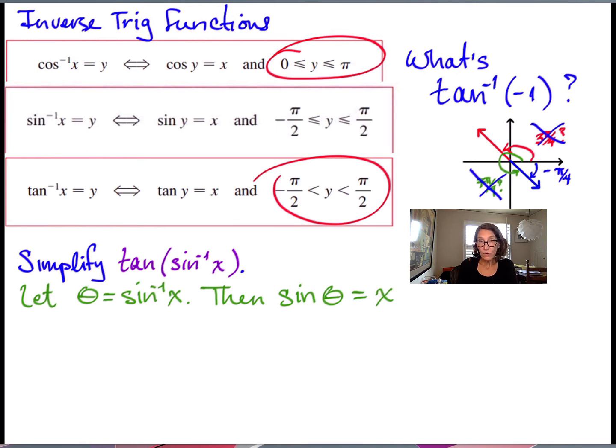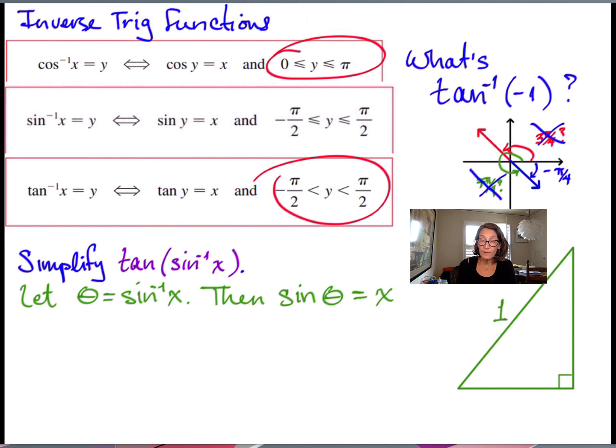Now we can draw a right triangle, because we know that theta has to be between negative pi over 2 and positive pi over 2. So we can say that theta is one of our acute angles. Also, we always let our hypotenuse be 1. We could let the hypotenuse be anything, but 1 is a nice simple number.